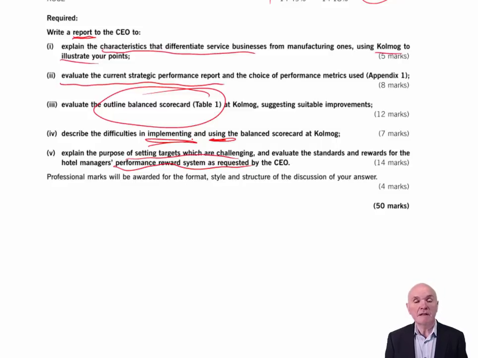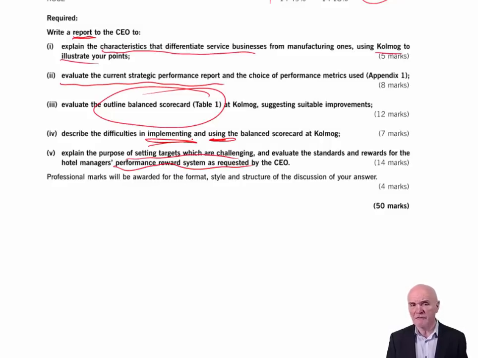The second element in implementing the balanced scorecard is to decide on the metrics. What are we going to measure? We know there are 4 families to be measured, and if you measure maybe 6, 8, 10 elements in each of those, you soon get up to a huge number of amounts which are actually being measured.